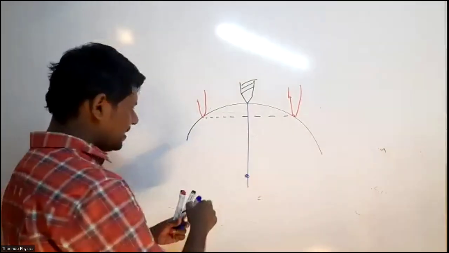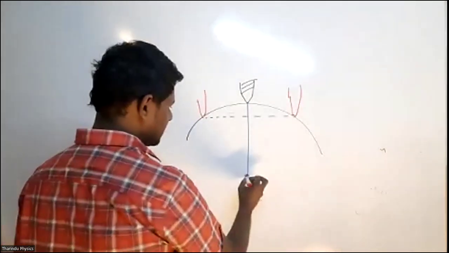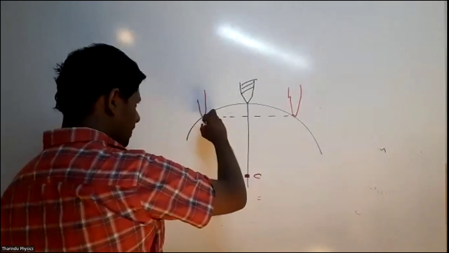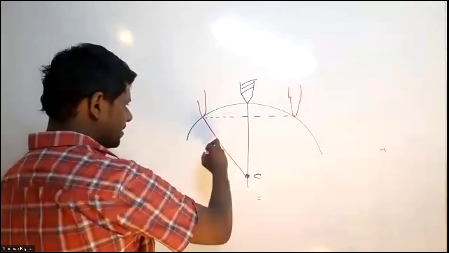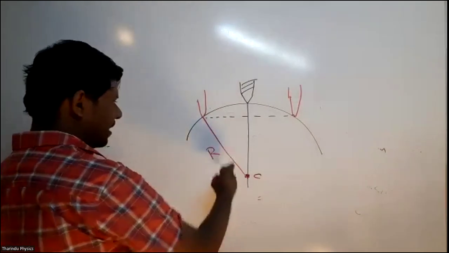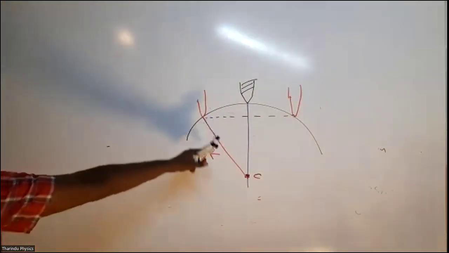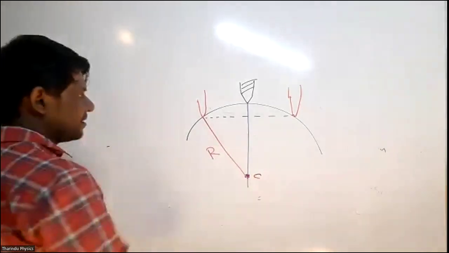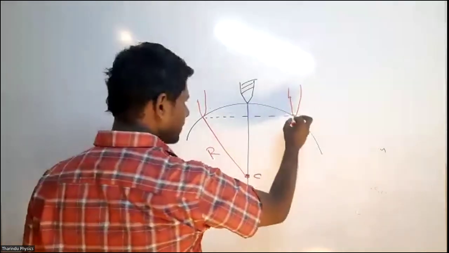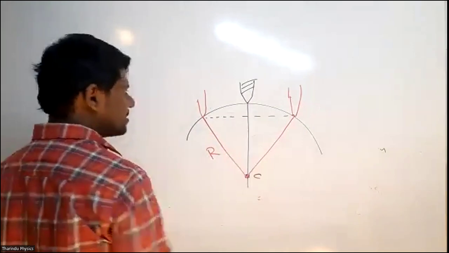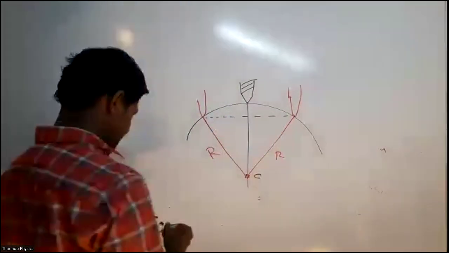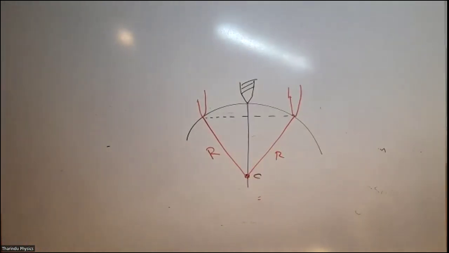This is where the center is. What is this? Capital R, that means the radius. If you draw any line from the circumference to the center, that is a radius. This one is a radius. This one is also a radius.